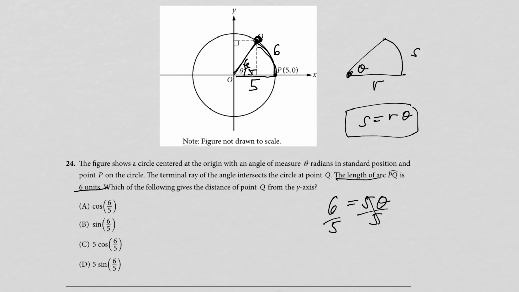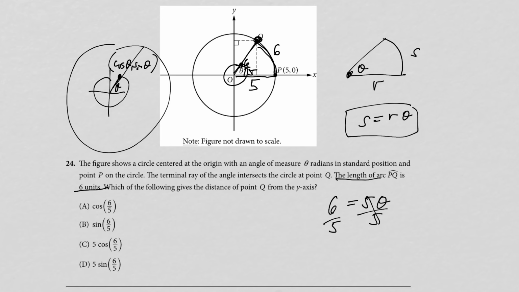Now, any point on a circle, if it was a unit circle, in a unit circle, for this angle, the point at the end of the radius there is cosine theta comma sine theta. If it's a bigger circle, it's r cosine theta comma r sine theta.